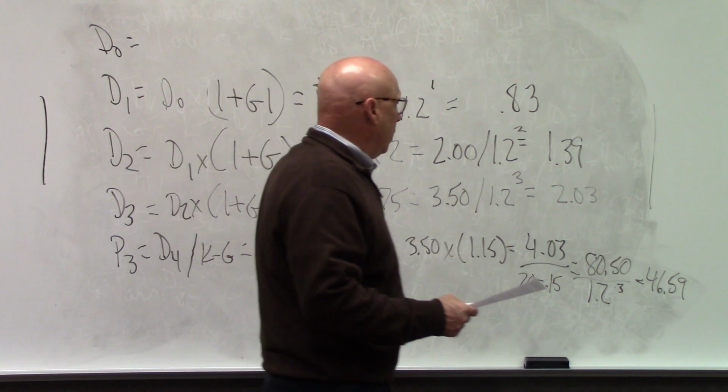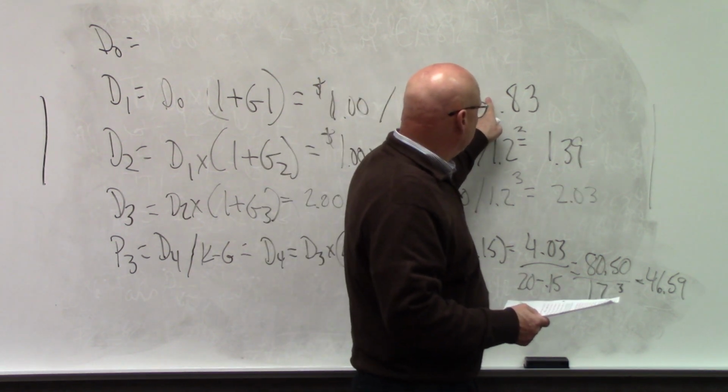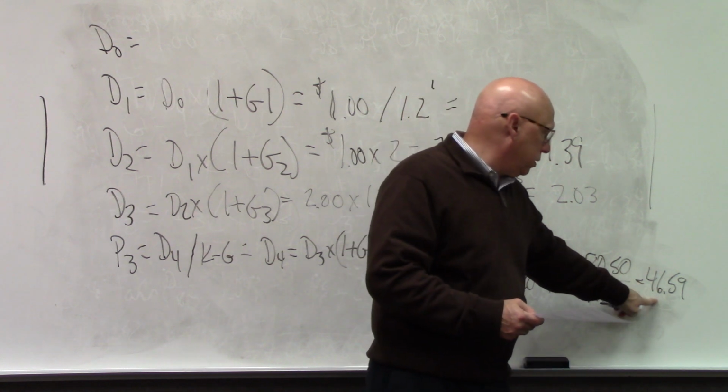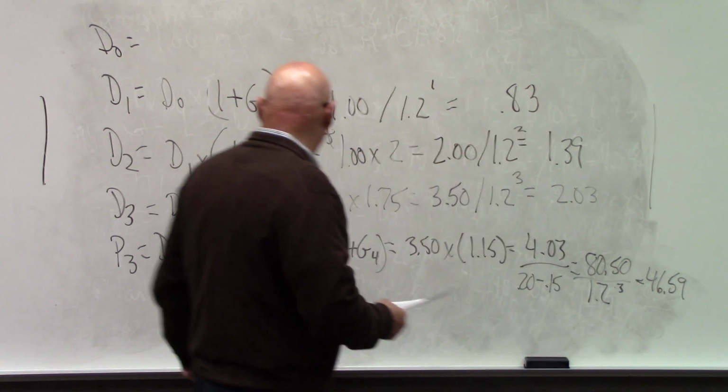All right, now let's add them up: the present value of D1, the present value of D2, the present value of D3, and the present value of P3.